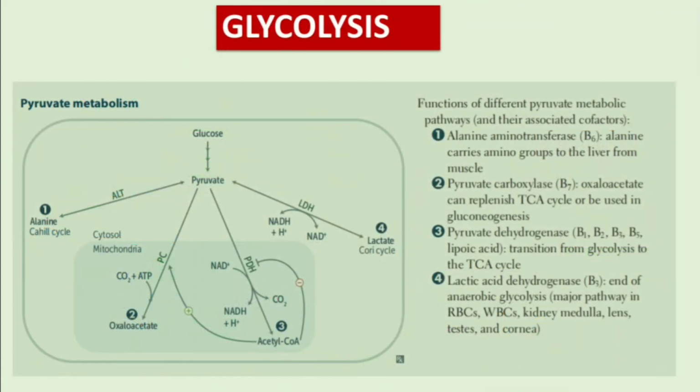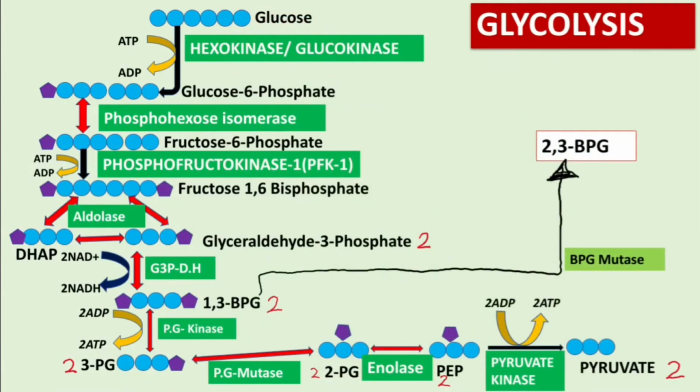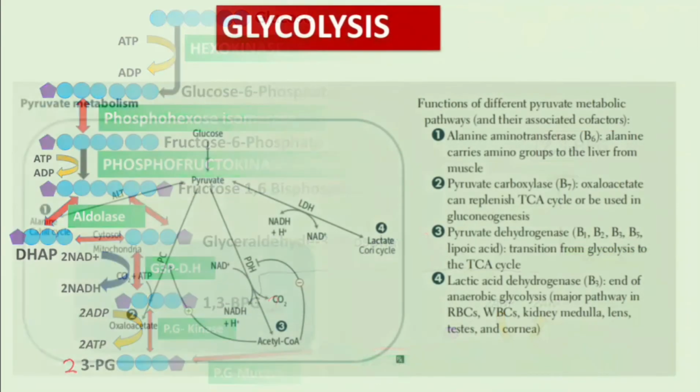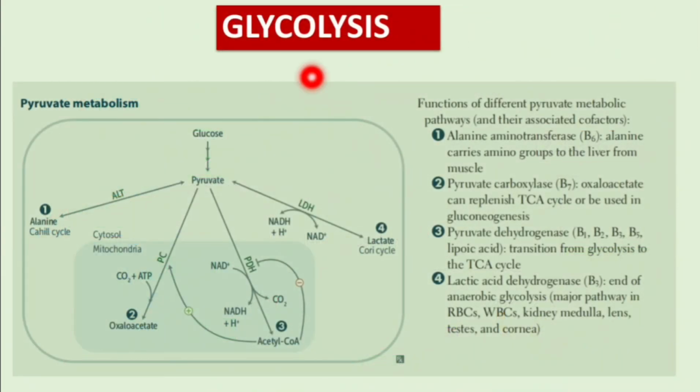All right, so as a result, I said the end product here is pyruvate, and actually we have two. So let's see the fate of pyruvate. So glycolysis here from glucose to pyruvate. We have four pathways. We will talk about the first one later. This one is called the Cahill cycle, where we convert pyruvate to alanine.